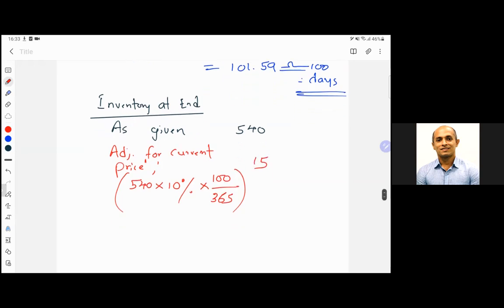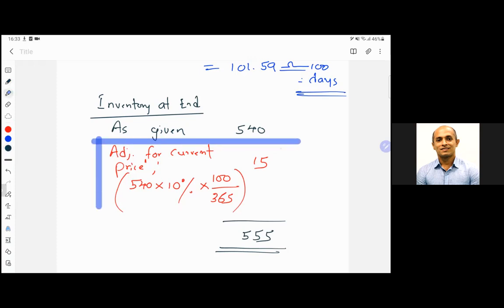Then inventory value after adjustment is 540 plus 15, 555. So the adjustment is 15.